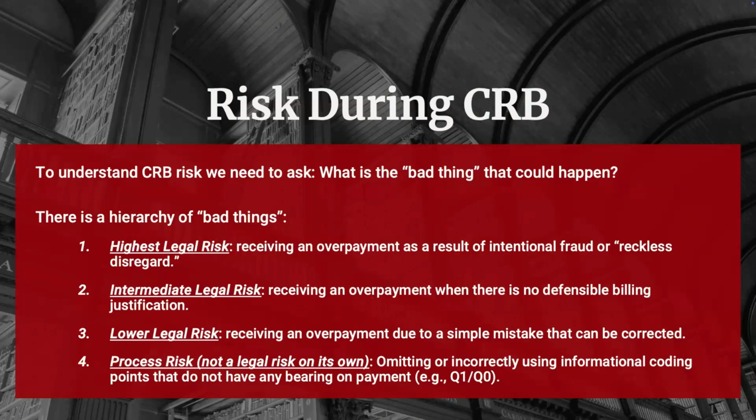Now, just submitting the claim with that level of intent, and this is a technical point, but that's intent. You intend to do something, even if you don't succeed in the end result of getting the money that you want. You've intended to defraud. So in that high legal risk arena, even if you don't get an overpayment, putting wrong information on a claim, getting it wrong, that's a problem.